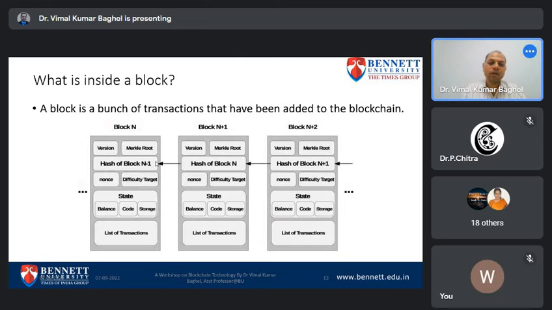There is a nonce, a difficulty target, and the state of the transactions in terms of balance, code, and storage. Everything is visible inside the block, along with detailed information of the transactions. In such a way, every block in the blockchain is connected, and this information is available inside every block.